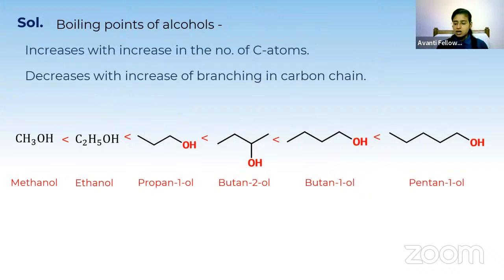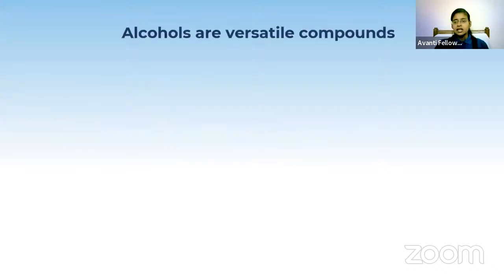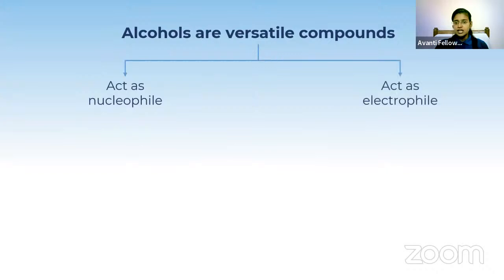Okay. So now let me go ahead with the chemical properties of alcohols and phenols. So first of all, alcohols are versatile compounds. Versatile means they can act as a nucleophile as well as an electrophile.